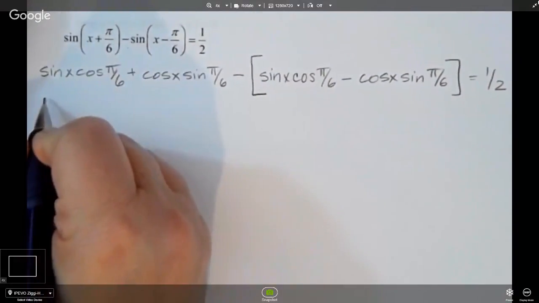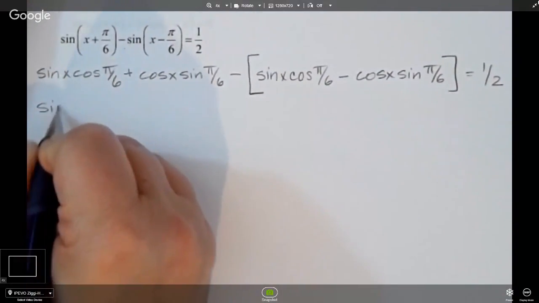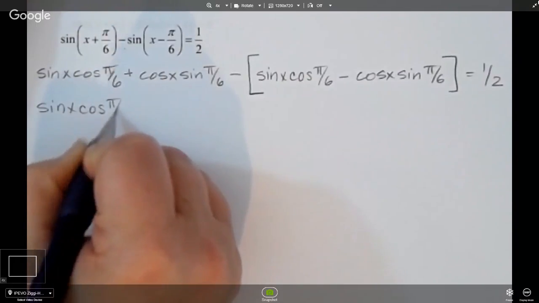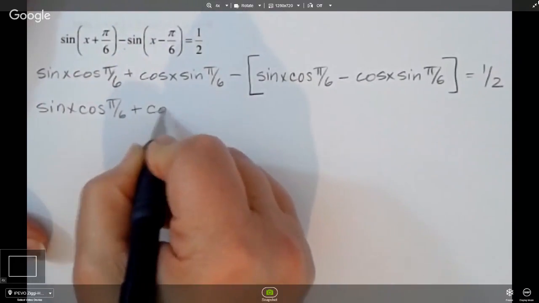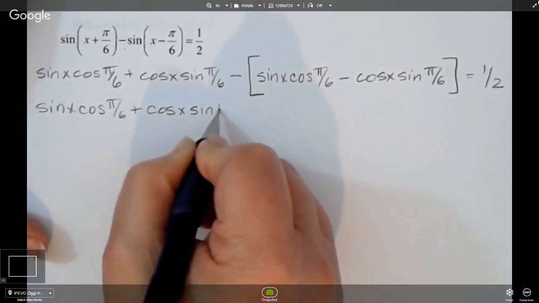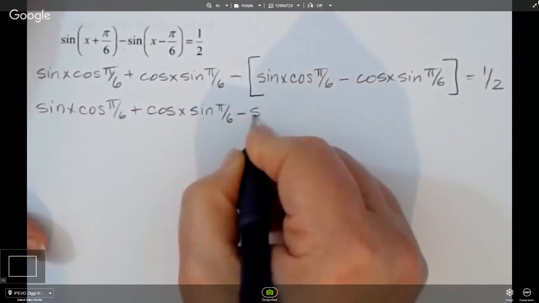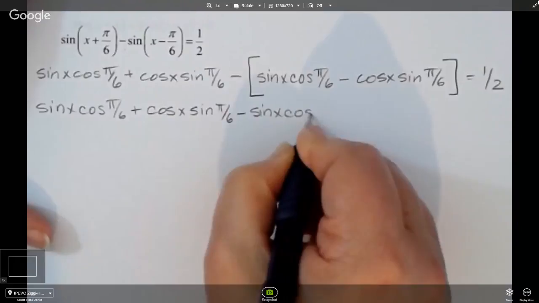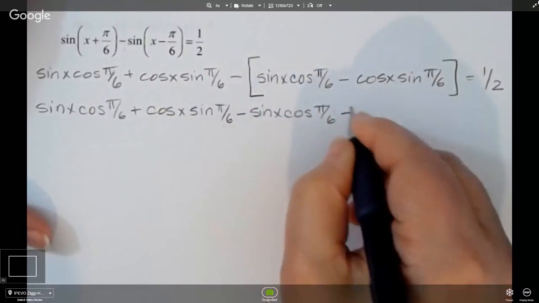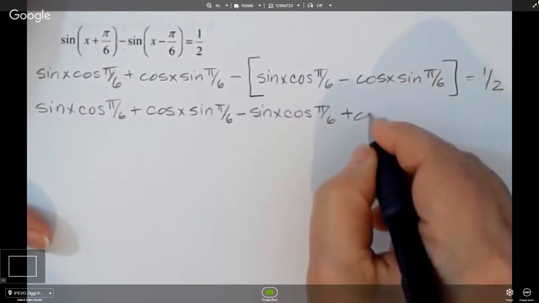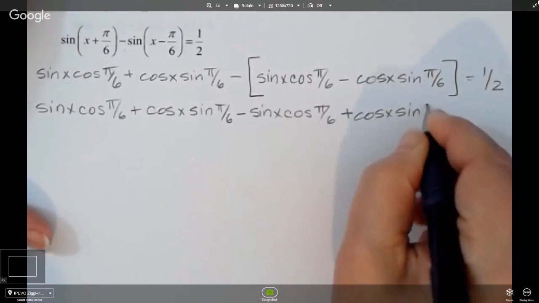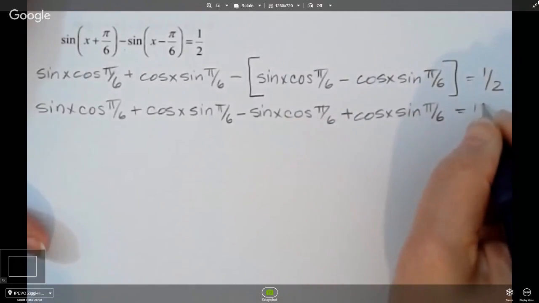And so when I do that, we get the sine of x cosine of pi over 6, plus the cosine of x sine of pi over 6, minus the sine of x cosine of pi over 6, plus, distributing the negative, cosine x sine of pi over 6, equals 1/2.